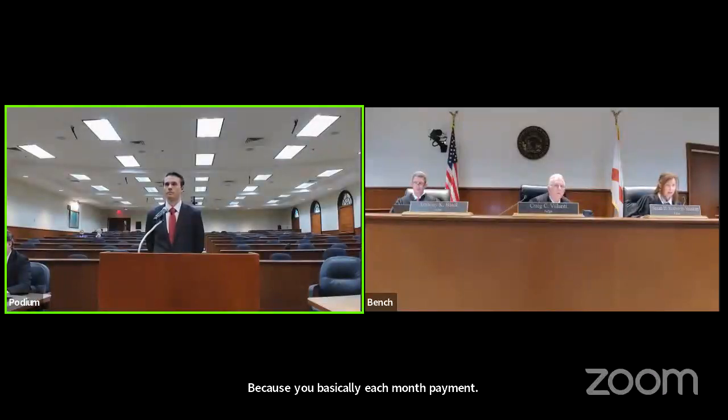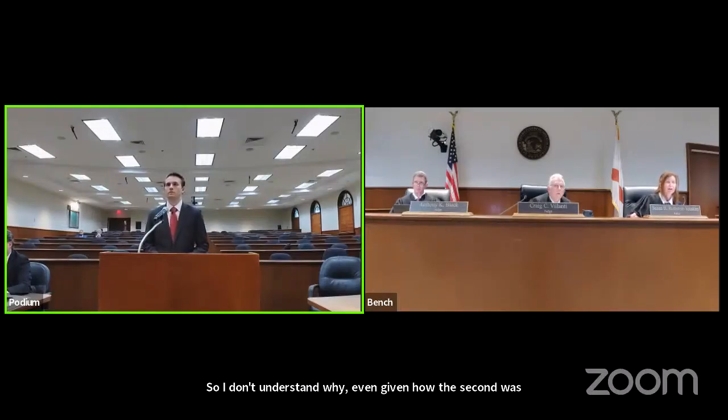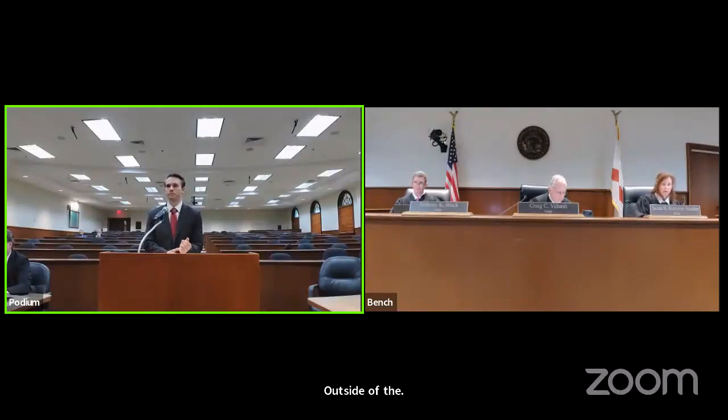So I don't understand why, even given how the second complaint was drafted, it did allege defaults outside of the forbidden period. And I don't understand the trial court's order of how it said, well, you can't base a foreclosure on those defaults either.